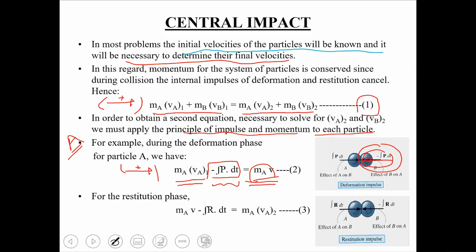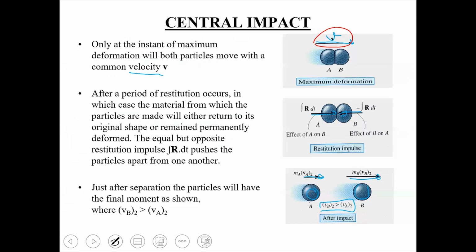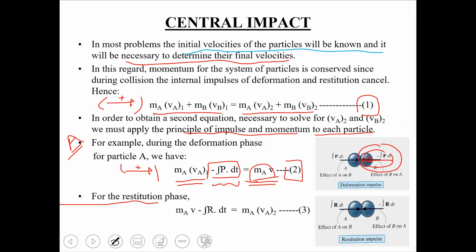Similarly, in the next step, इसको मैंने equation number 2 का नाम दे दिया। In the next step मैंने particle A के ऊपर ही restitution phase के ऊपर principle of impulse and momentum apply किया। वो restitution phase क्या है? Restitution phase में particle A पर restitution impulse exert होता है, और restitution phase के बाद ये वो momentum है जिसके साथ particle A travel करेगा after separation. So applying the principle of impulse and momentum on particle A now along the restitution phase, this was the initial momentum of this particle before the restitution phase.